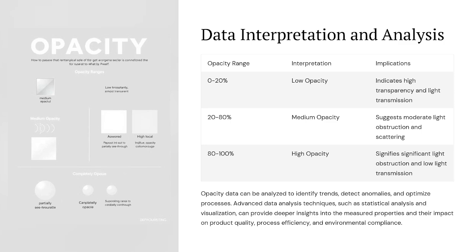In the 20 to 80% range, some light is blocked and the material is partially opaque. In the 80 to 100% range, the material blocks most of the light and is almost completely opaque. By analyzing this data, industries can improve their processes and make better products.